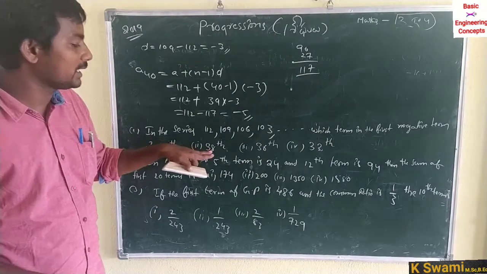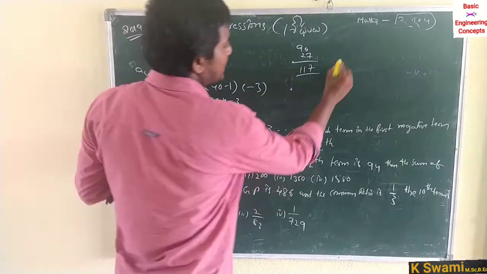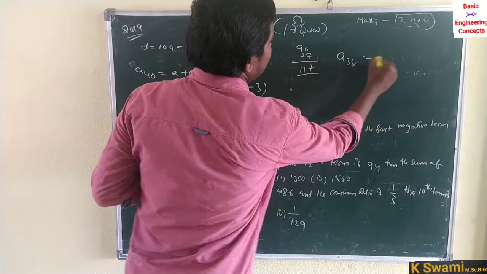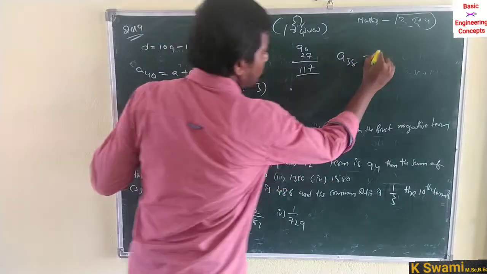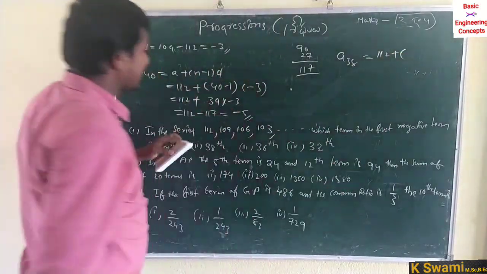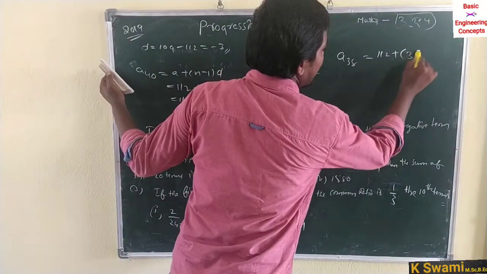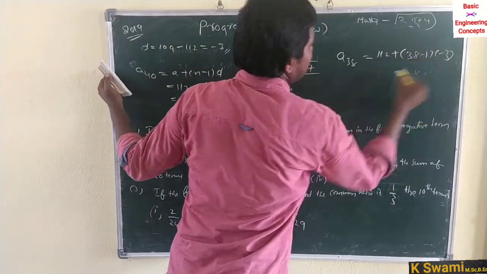Also check the 38th term. A38 is equal to again 112 plus n minus 1, 38 minus 1, into -3.